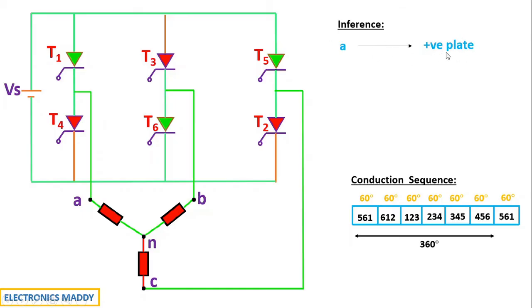Whereas B is connected to the negative plate because T3 acts as an open circuit, so you will not have a flow of current through that path, and hence the current flows through only this path. As a result, B is connected to the negative terminal of the battery and C is again connected to the positive terminal of the battery. So this ABC is the three-phase output that we will be achieving. Make a note of this inference somewhere because it is very, very important for us to draw the equivalent circuit.